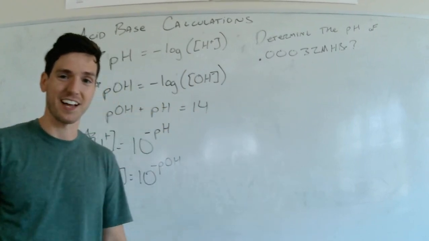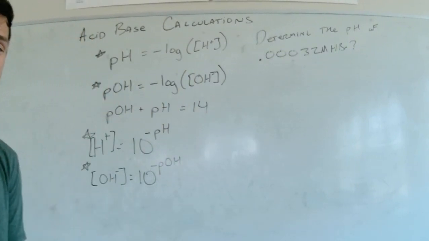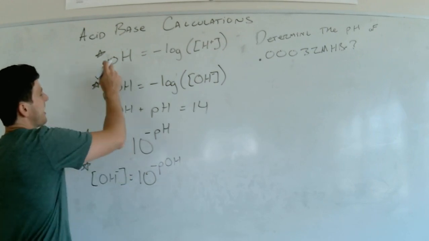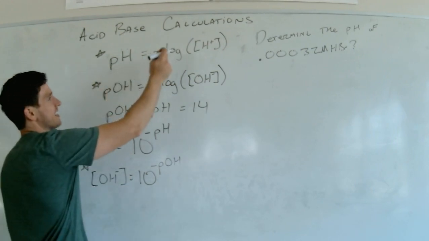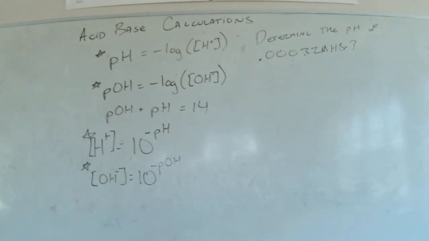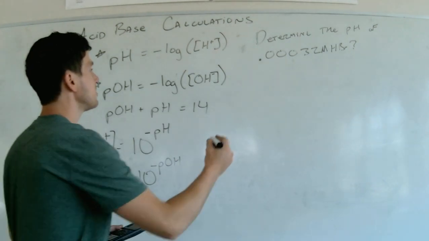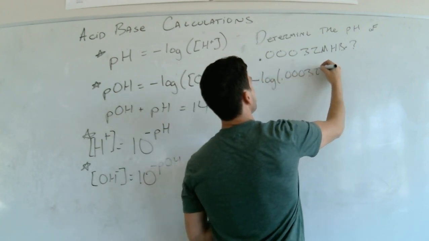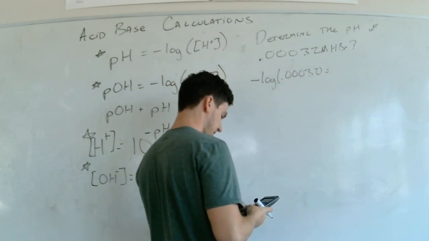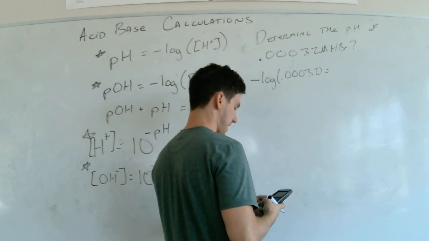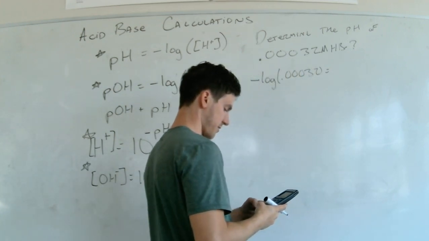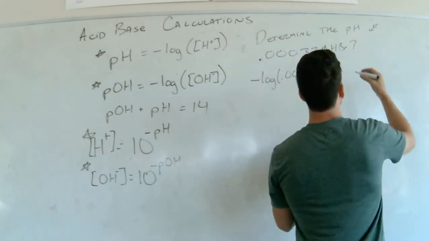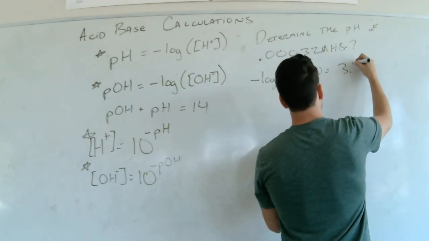You gotta know that's a concentration. Well, this is pretty easy, right? I gave you concentration of the acid, which is H+, and I want pH. So if I'm looking for pH, I got to negative log the concentration of the acid. So all I'm going to do is negative log that 0.00032, and I get a pH of 3.49.